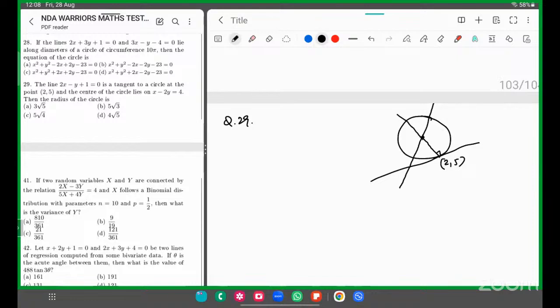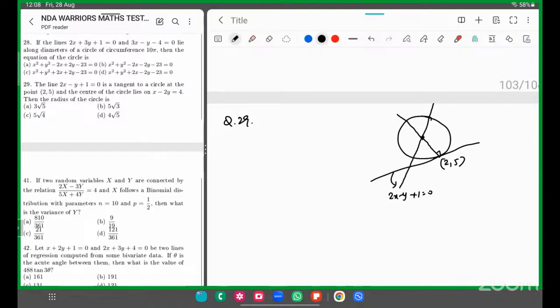And then we need to simultaneously solve it. Okay. Tangent equation they have given, right? It is 2x minus y plus 1 equal to 0. 2x minus y plus 1 equal to 0.